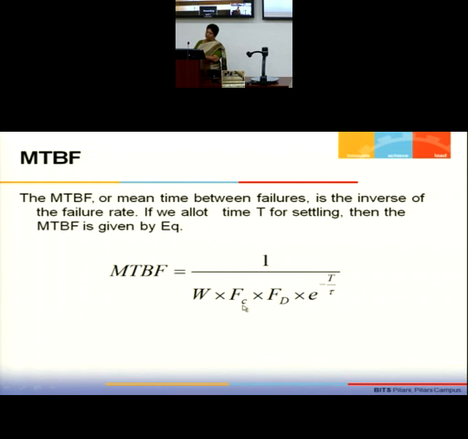Operate at very low F clock, or at a very low F data, or give enough waiting time. From this expression, I want MTBF to be as large as possible, so that if today one failure has occurred, the next failure should occur only after 20 years.